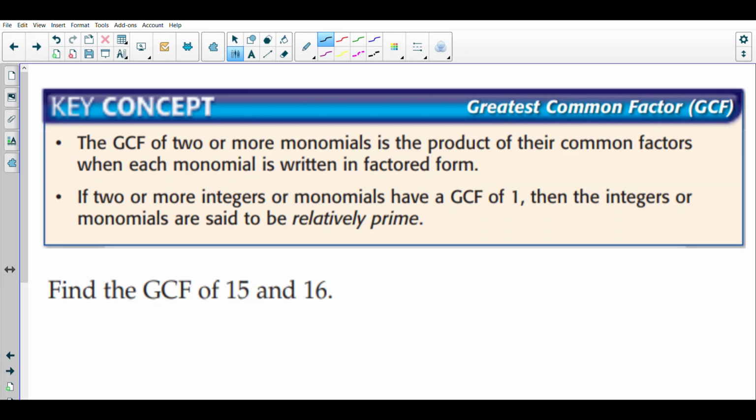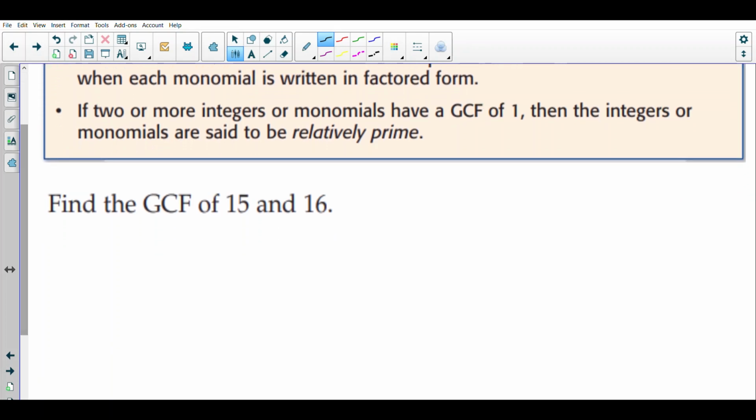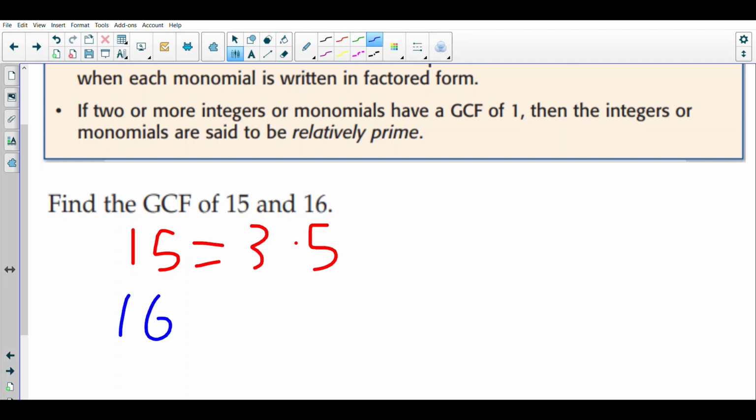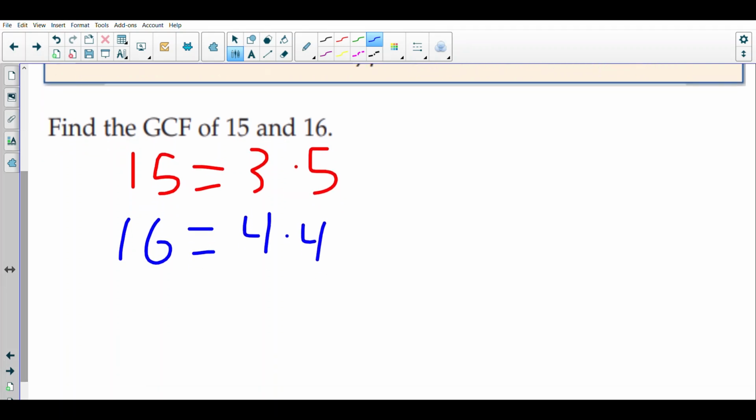So for practice, find the greatest common factor of 15 and 16. So 15 can be broken into 3 times 5. And then 16 can be broken into 4 times 4, which can be rewritten as 2 times 2 times 2 times 2.